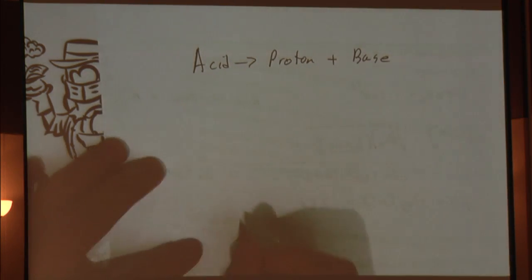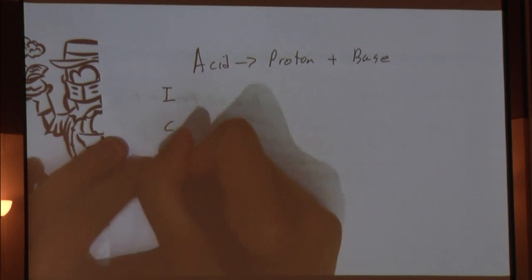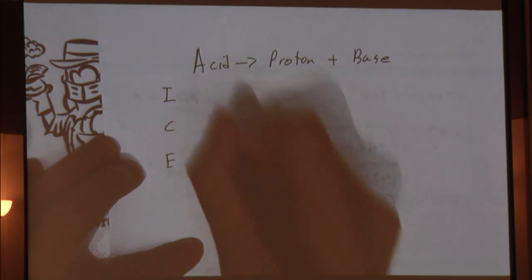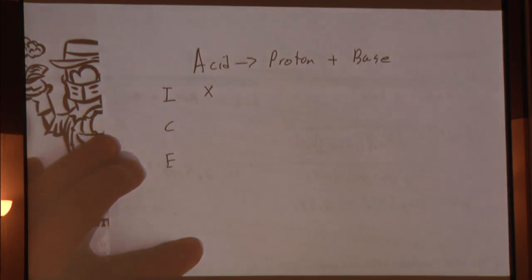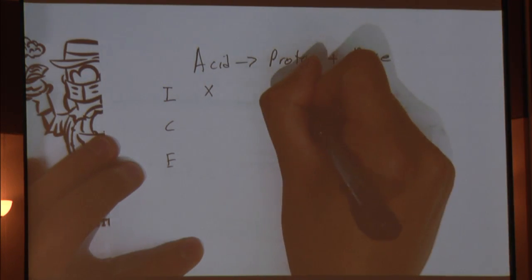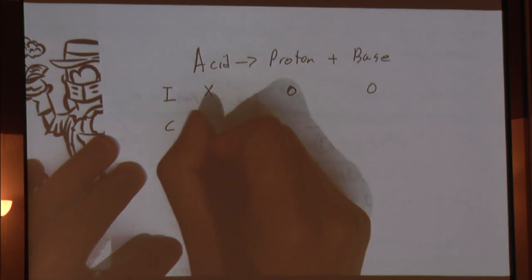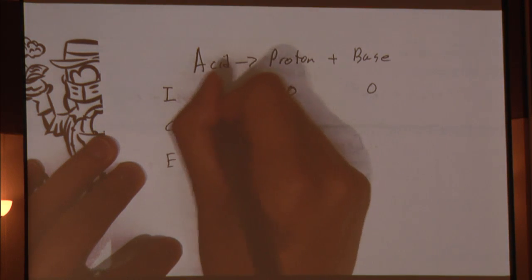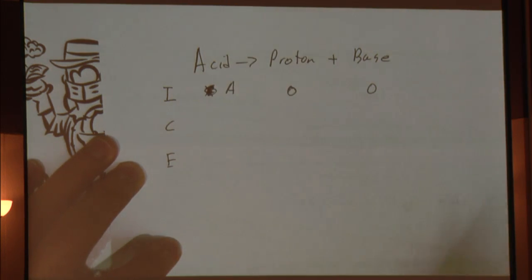When we do our ice table for this, we start out with some moles, or some molarity, of acid, and no products. Let's call this A.